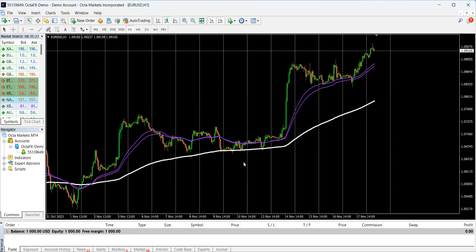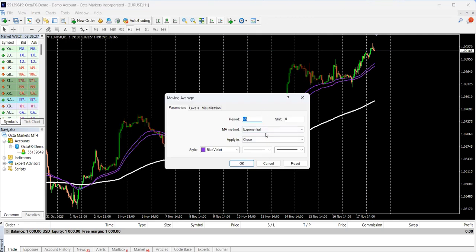And then the last two indicators will still be moving averages, but this time it's going to be linear moving average. So I change this from exponential to linear, and then I apply 5 and 8, same color.